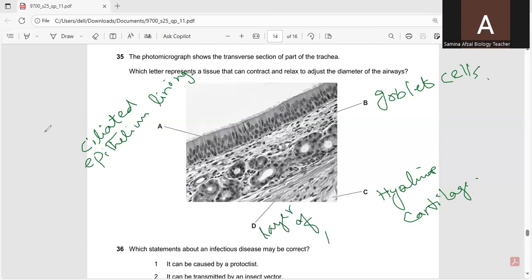So it contracts and relaxes to adjust the diameter of the airways.